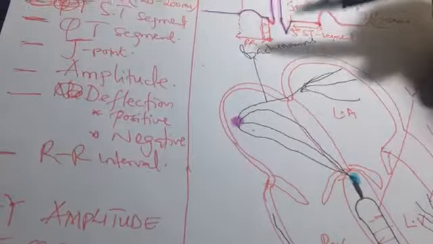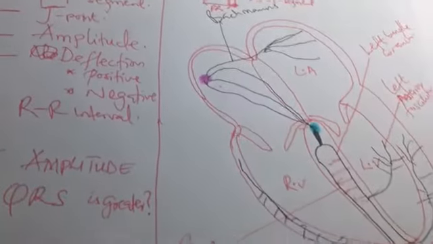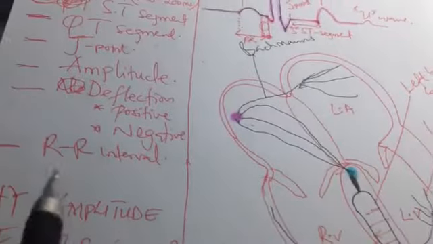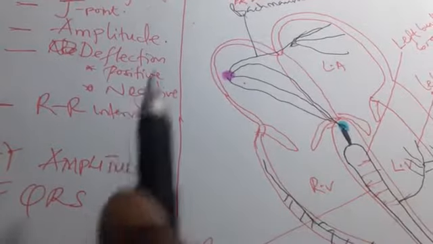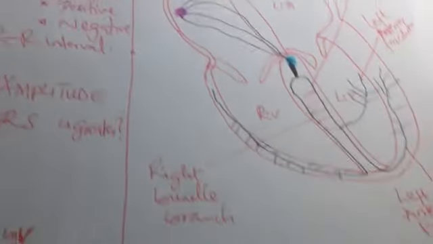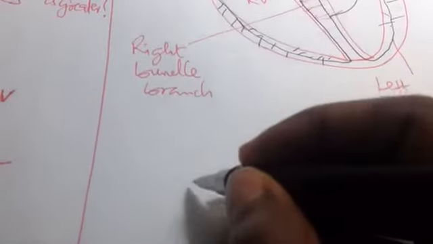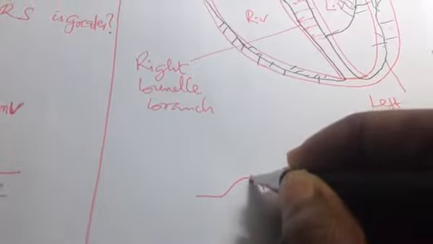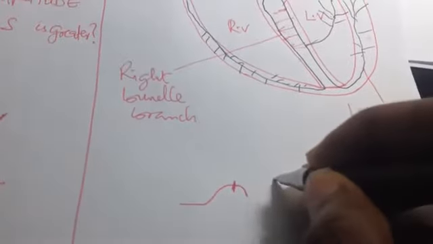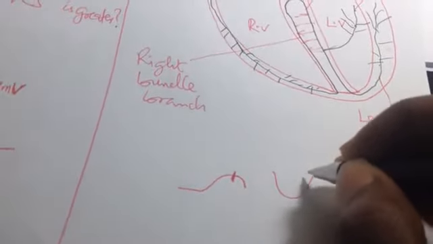Some leads are looking at the heart from the top, some from the bottom, some from the side, so their deflection will be a bit different. We have the positive deflection. When we say positive deflection, we mean upward, and downward like this is negative deflection.